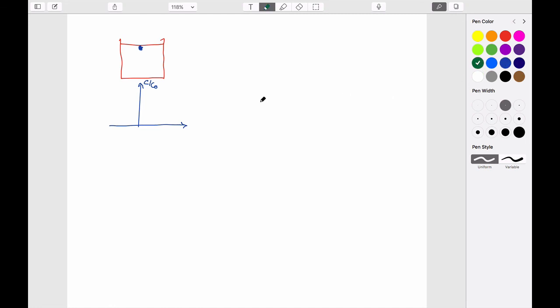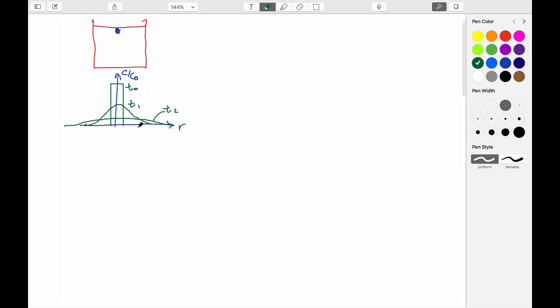Then if we look at that concentration initially, it looks something like this. And then at subsequent times it looks like this, progressively, and then progressively flatter and flatter. So this is T0, this is T1, this is T2, this is a radius, and this is a relative concentration.